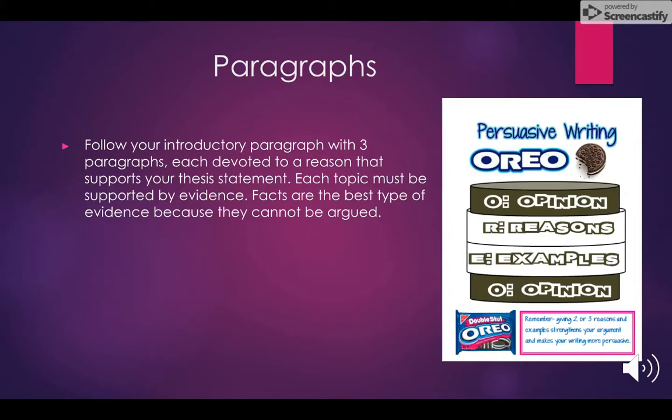The cookies represent your opinion, while the cream inside represents your reasons or examples to back up that opinion. So, you need to follow your introductory paragraph with three paragraphs, each devoted to a reason that supports your thesis statement. Each topic must be supported by evidence. Facts are the best type of evidence because they cannot be argued.